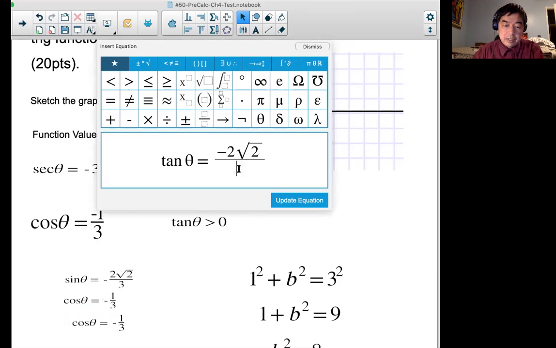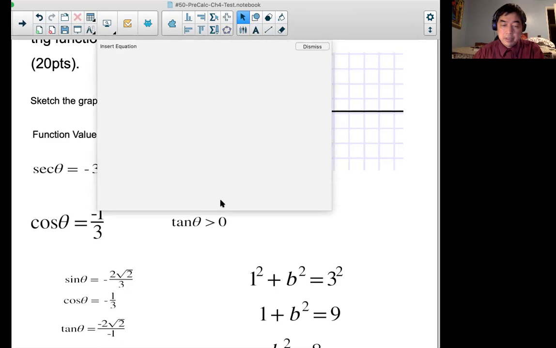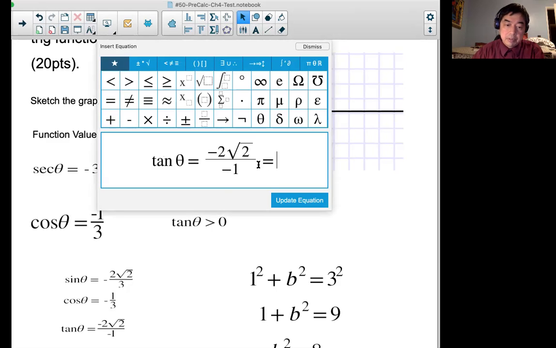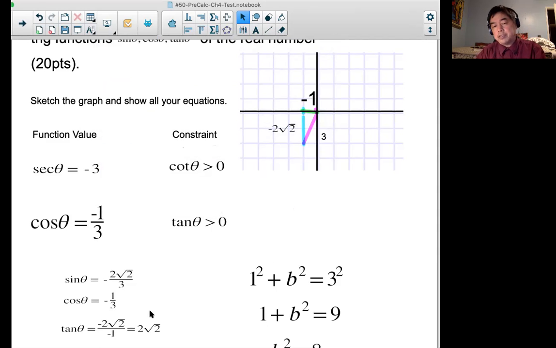Adjacent is negative 1, I forgot. Yeah, opposite over adjacent. So the negatives just cancel. It's going to be positive, which is 2 square root 2. Okay, so these are the 3 values you have to come up with.